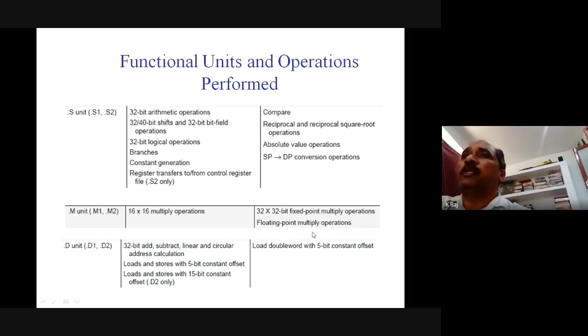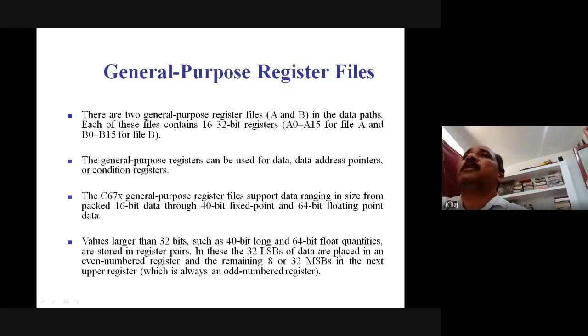Now the .D unit, either D1 or D2, performs 32 bit add and subtract, linear and circular address calculation, loads and stores with 5 bit constant offset, and loads and stores with 15 bit constant offset, which is done only by the .D2 functional unit. Load double word with 5 bit constant offset is performed in floating point here.